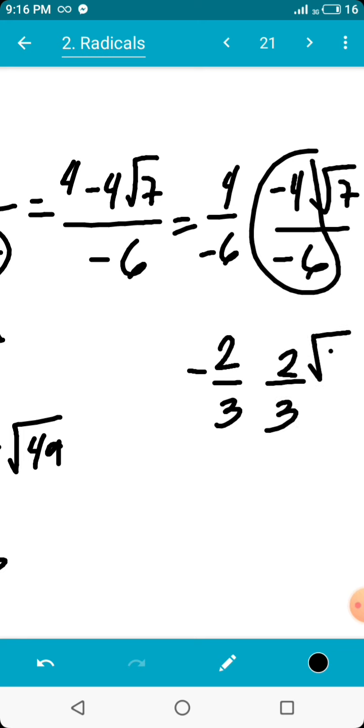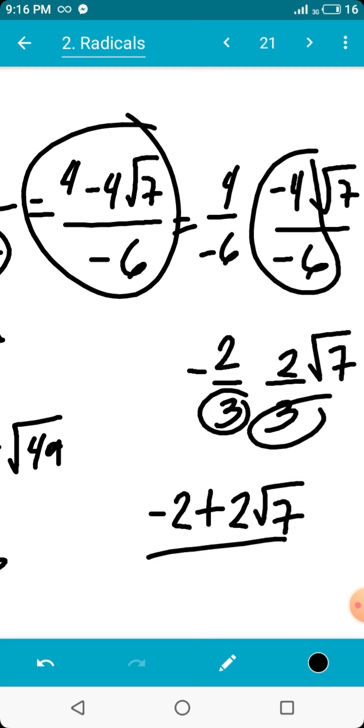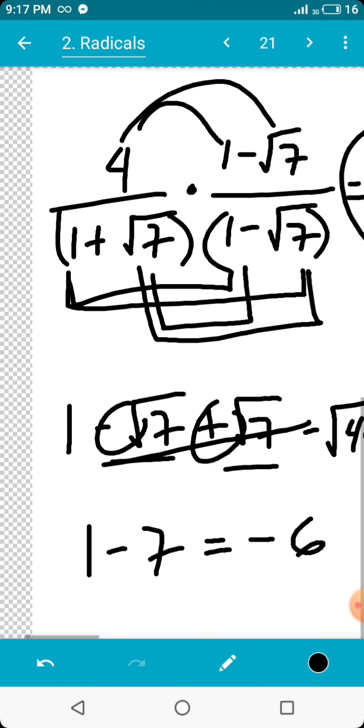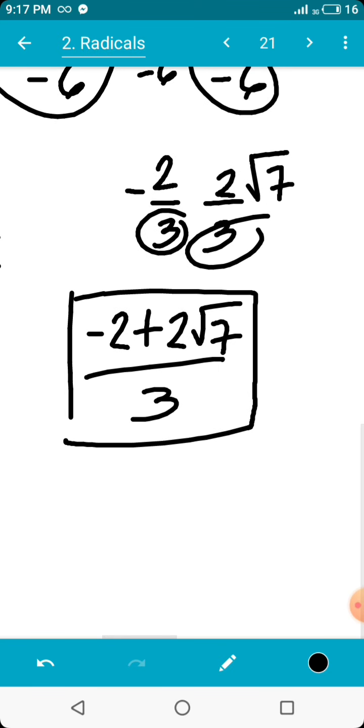And then, just copy yung square root of 7. So, in short, kung isi-simplify natin yan, it will become negative 2 plus 2 square root of 7 over 3. Since same naman sila, you can just write it like this. Okay? So, this is how we rationalize our equation. So, kung papansin nyo, dito sa ating naging sagot, wala na tayong radical sa denominator. Okay?